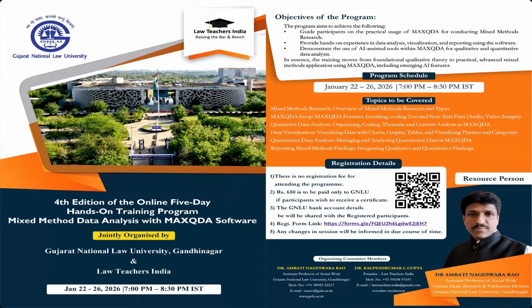Means, as a scholar, whatever statistical part is required can be conducted with the help of MaxQDA. When you talk about the qualitative, I can say that it's one of the best software in terms of qualitative data analysis, right? So on day 5, I'll be talking about how one can combine both quantitative and qualitative. I'll also talk about how we can report both qualitative and quantitative findings, and how one can integrate quantitative and qualitative data analysis as a part of your research report. So this is what we are going to cover for the next 5 days.